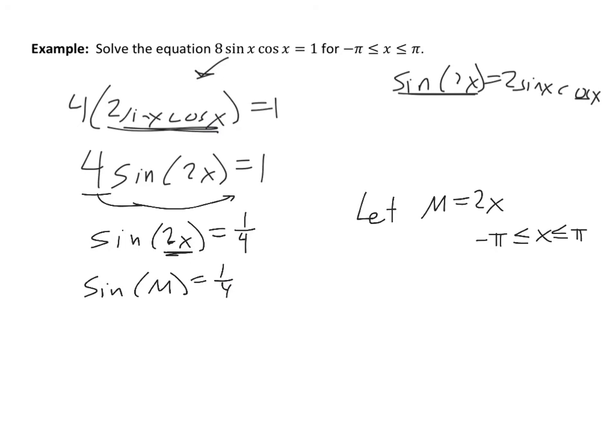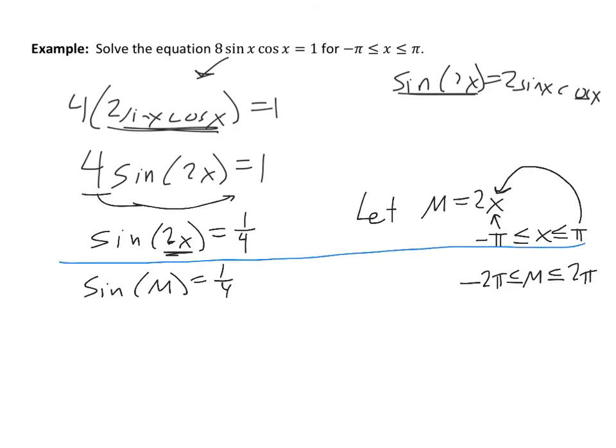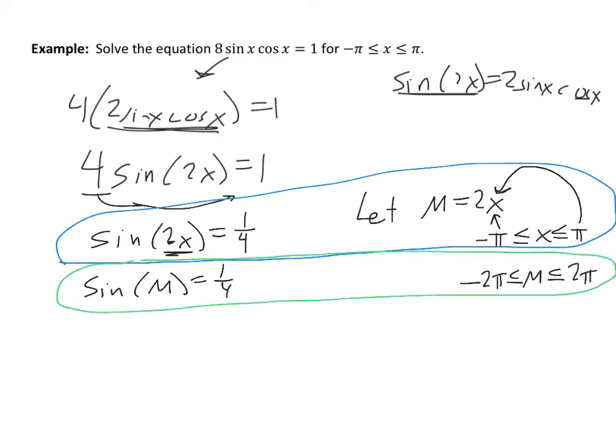I can take this x bound and plug it in. When I plug in pi, I get negative 2 pi is less than or equal to m is less than or equal to 2 pi. So I've transformed the problem from being in terms of x with these bounds into being in terms of m with these bounds.